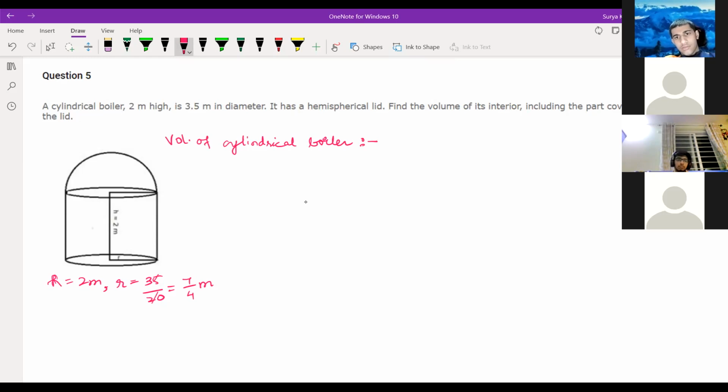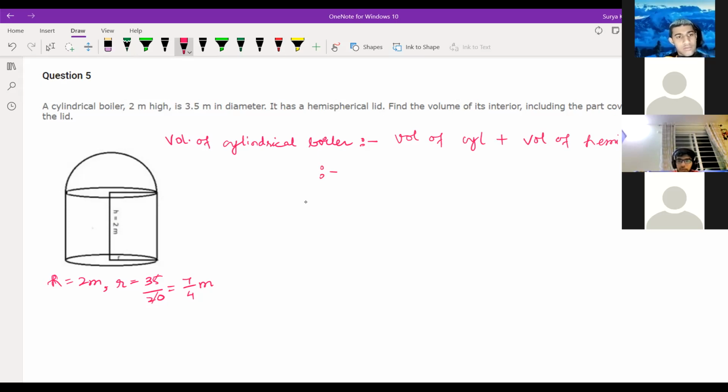Volume of cylinder plus volume of hemisphere, the hemisphere lid. Volume part is the easiest part, children. If CSA, TSA will come, then you have to think over it, which part you should consider, which part you should leave out.